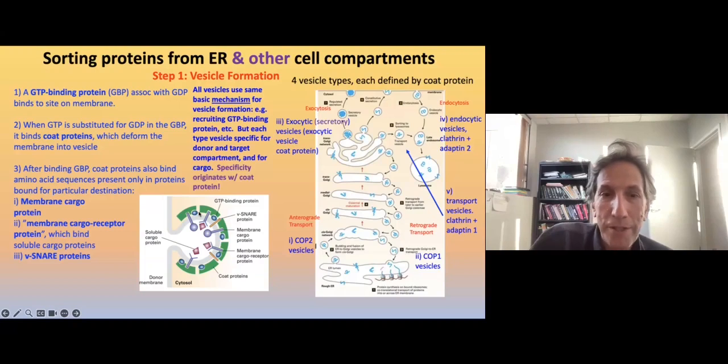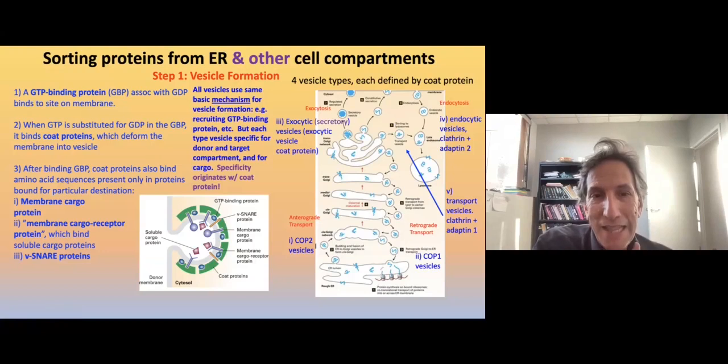There's a lot of ER proteins that you don't want to move, and they are not going to bind to COP2. In particular, I think I should say, I'm talking about transmembrane proteins for the moment. So a transmembrane protein that is there in the ER, but you want to move it to the Golgi, will have a short amino acid tag that binds to COP2. And that's shown here.